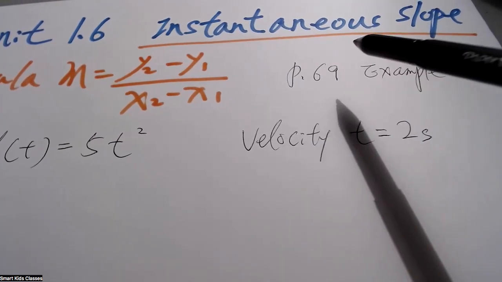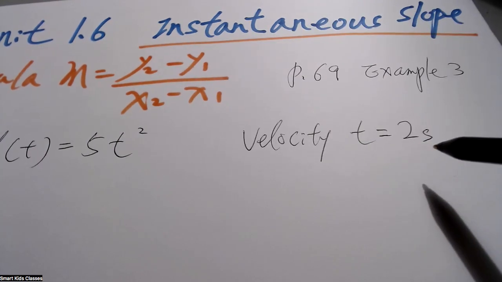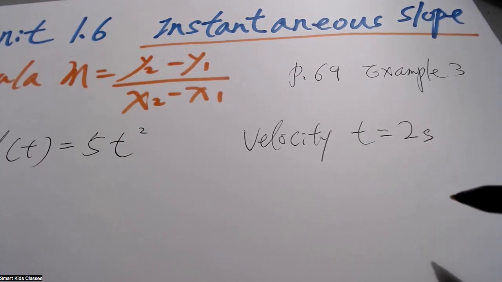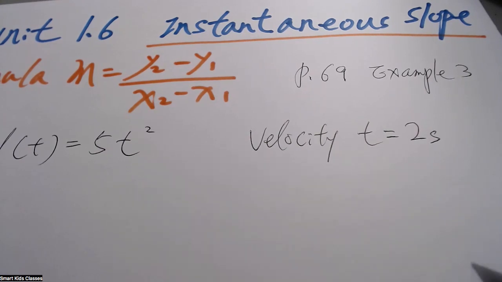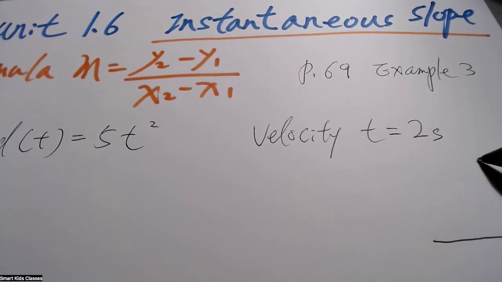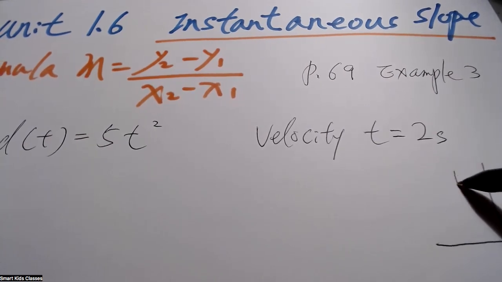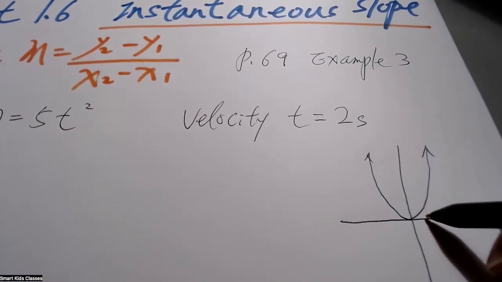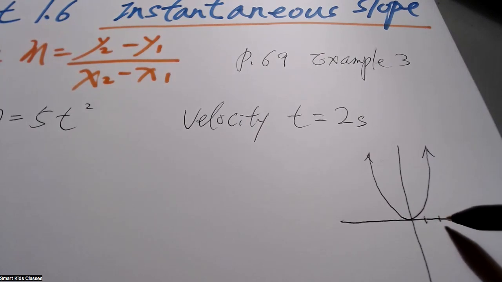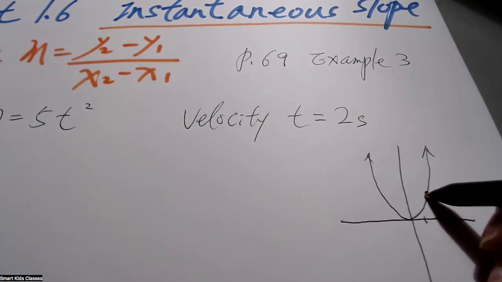For instantaneous slope, we are looking at a point very close. For example, if I plot this equation, 5t squared, it will look like that. Now, when t equals 2 seconds, the point will be here.